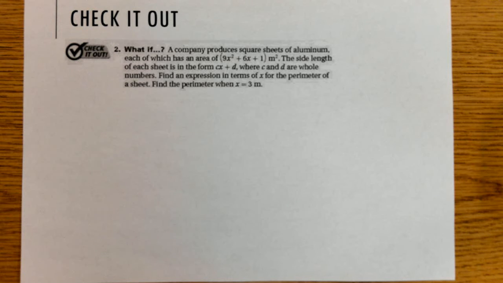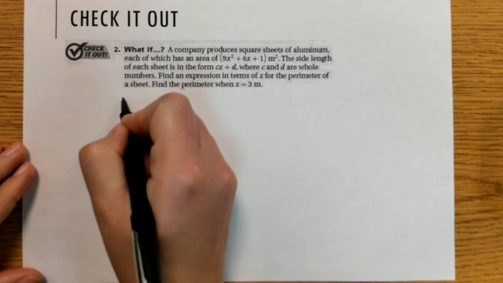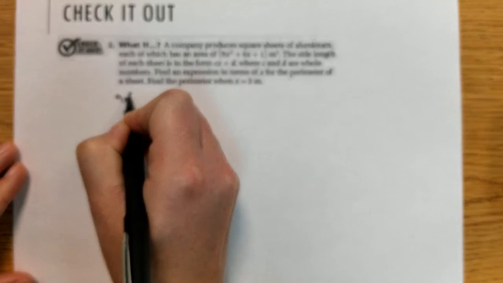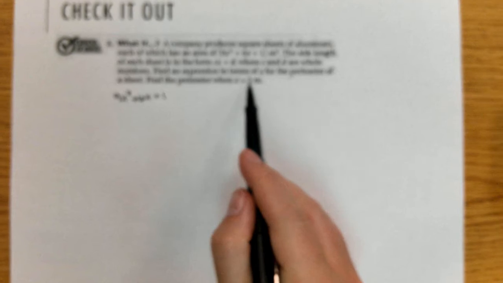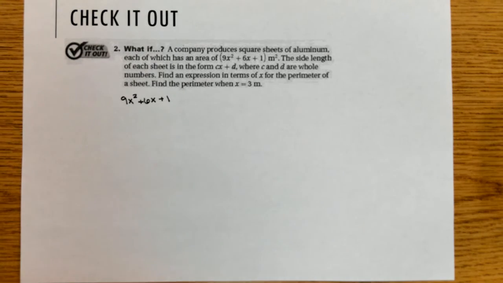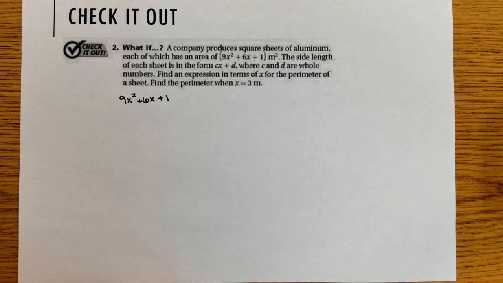Find the perimeter when x equals 3. So first we're going to take this trinomial, 9x squared plus 6x plus 1, and factor it. And then we'll substitute in 3 for x to find the perimeter. Remember, perimeter is 4 times the side length. So go ahead, take a moment, pause the video, and then resume when you're ready to check your answer.